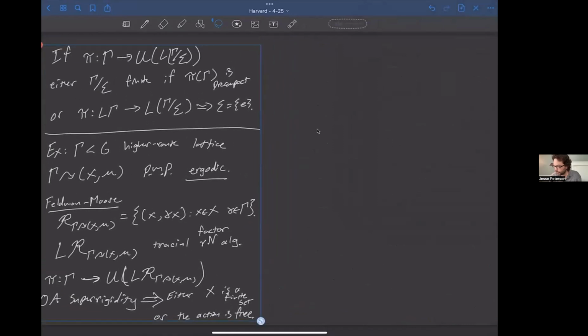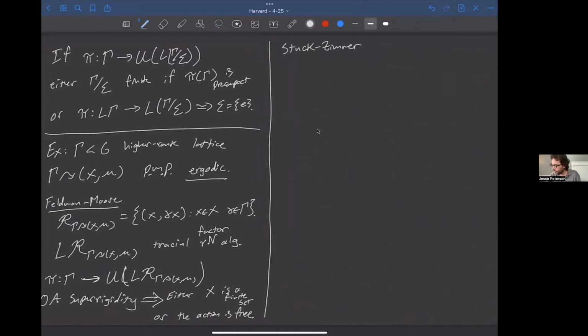So this is also not my theorem. I should mention that this is another famous theorem, which is due to Stuck and Zimmer, which is from, I think, '94.